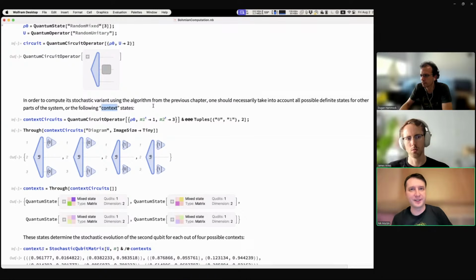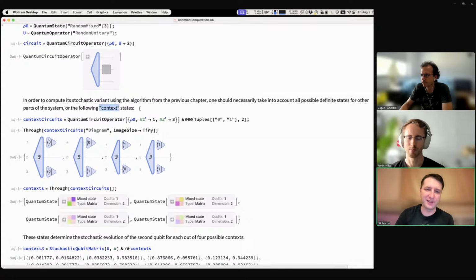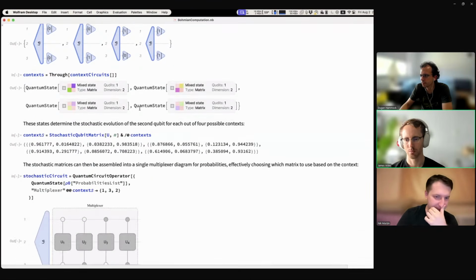And this is the context there. Okay, so that's why it's a better word to use than locality, because there's an implied context to that locality, but it's not quite the right word. I think context does make more sense there. I put it in quotes because it's actually a different context, and I just couldn't figure out a better name for it. It kind of makes sense to call it the context. Yeah, it makes sense. Okay.